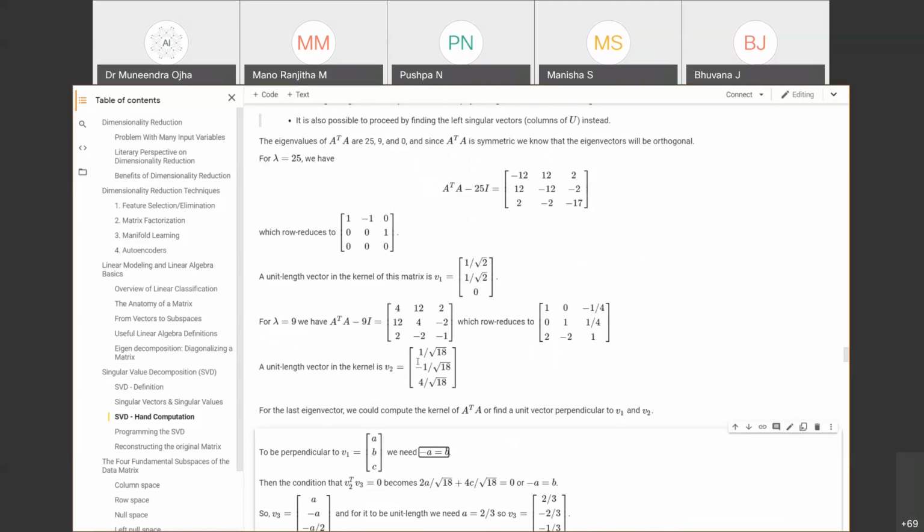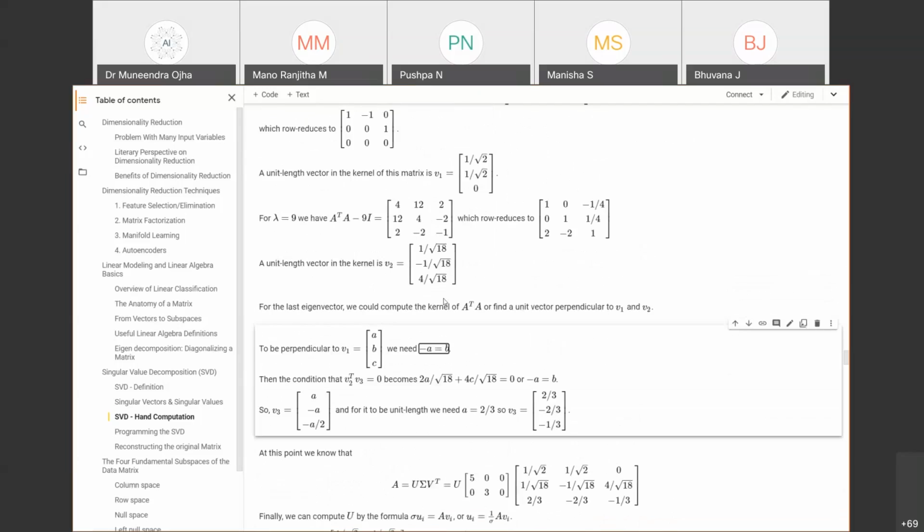These are the two eigenvectors, and I want to find the third eigenvector, which is perpendicular to both of these. So if a vector is perpendicular to both of these, I need to find a vector perpendicular to them. Okay. So using this method, I could get V3 equal to (a, minus a, minus a by 2).